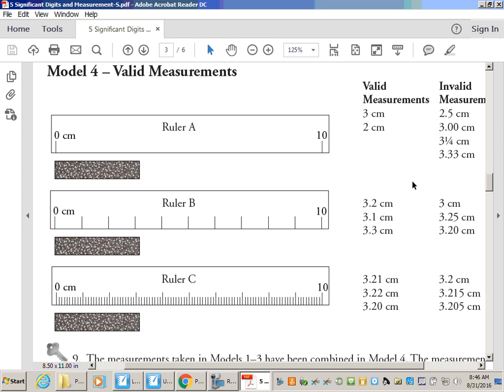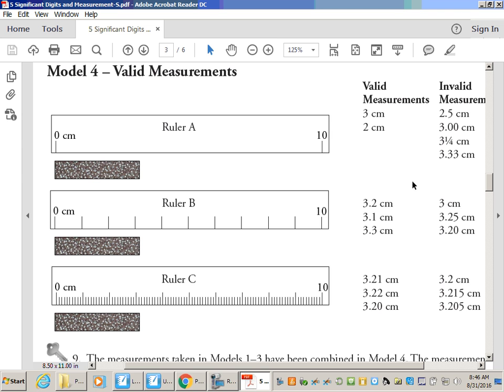Since the decimal is absent, you start counting from the first non-zero digit, which is a 3 and a 2. So that's one sig fig in both of these. That's because there's no graduations other than the 2 on the ends here, so we can only estimate one digit. These are all invalid because they are trying too hard. They're trying to get accurate, but there's nothing there to help them. So these are lies. These are invalid.